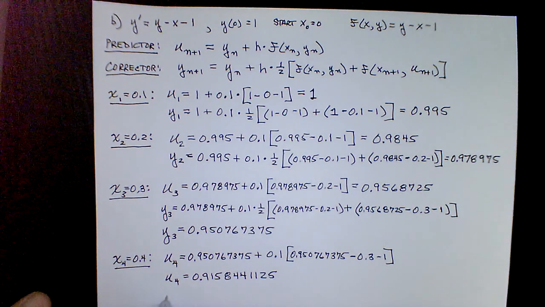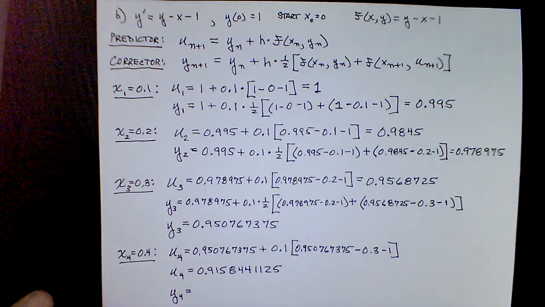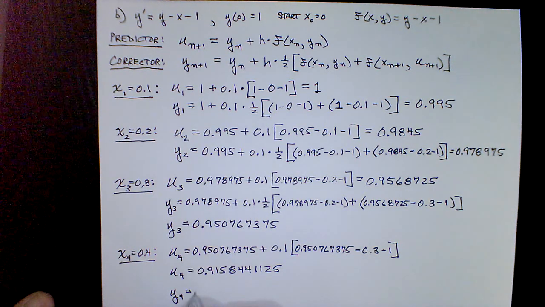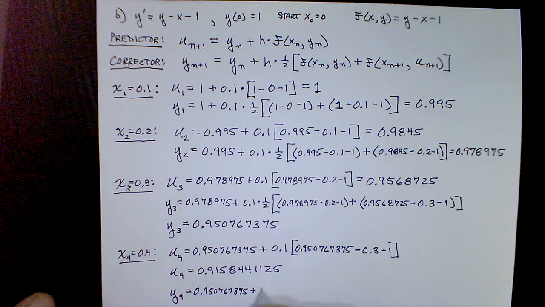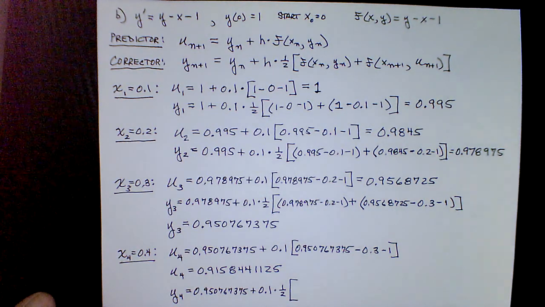And now the corrector, y sub 4. And so y sub 4 is the previous y value, y sub 3, so same value as was used for u sub 4, the 0.950767375, then plus the step size of 0.1 times 1/2, and now the average of the slopes.